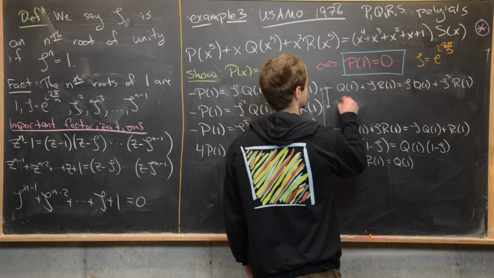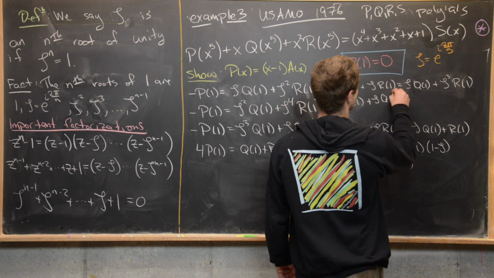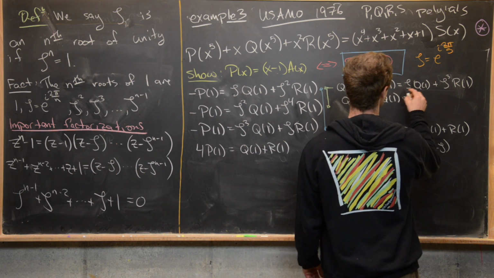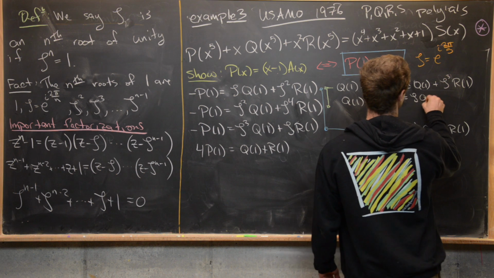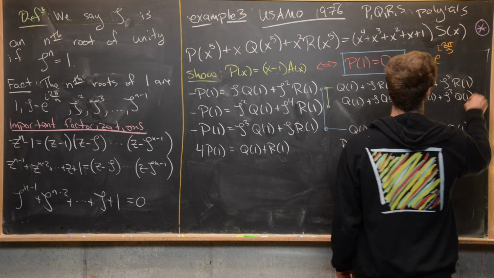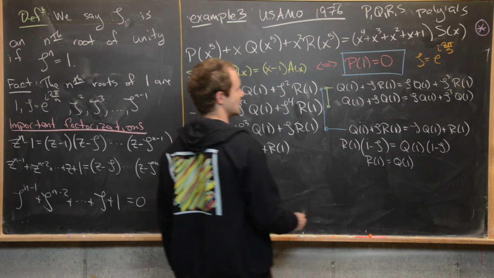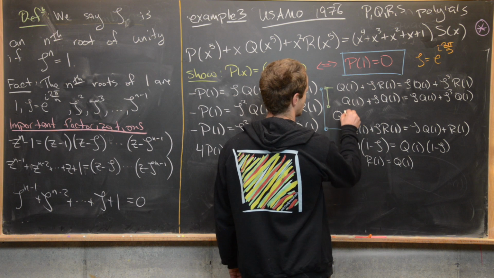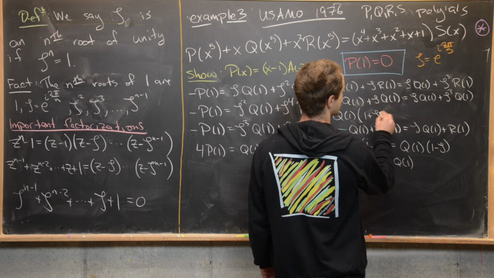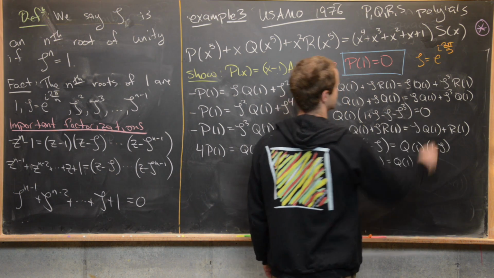Okay, so now we can plug r evaluated at 1 equals q evaluated at 1 into this equation, and that's going to give us q evaluated at 1 plus zeta times q evaluated at 1 equals zeta times q evaluated at 1 plus zeta cubed times q evaluated at 1. But now we can move everything over to one side of the equation, and that'll give us something like q of 1 times the quantity 1 plus zeta minus zeta cubed equals 0.